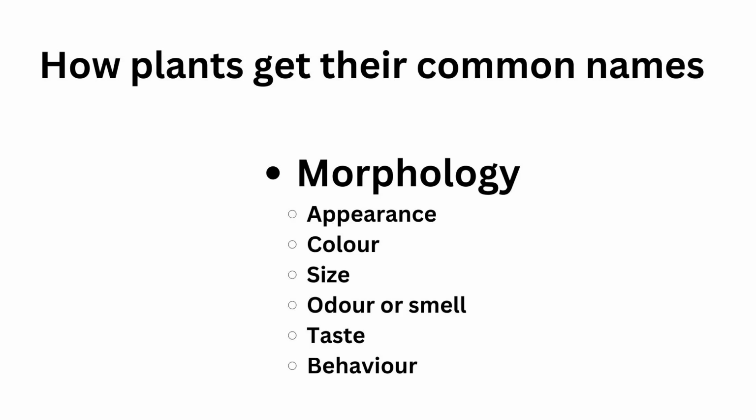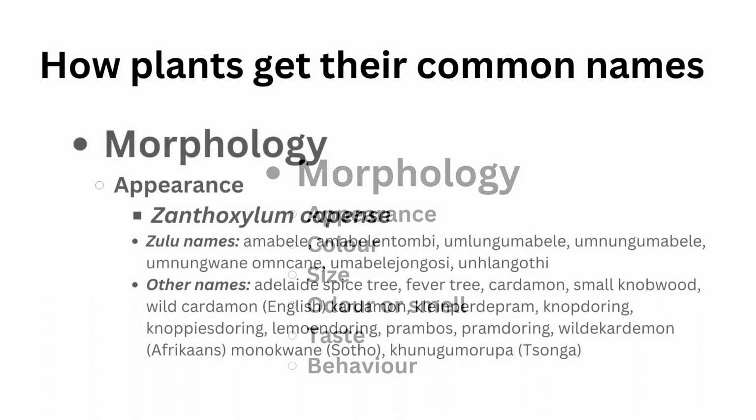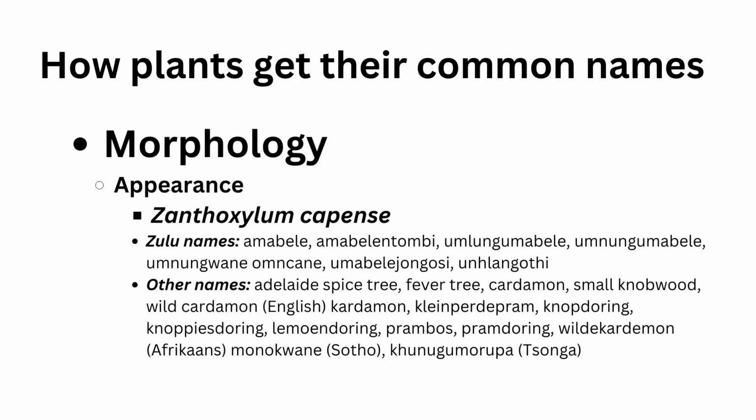So, an example of the appearance, there's a plant called Xanthoxylum capensis, and this tree gets its name based on its appearance. So in English, the plant is called knobwood, and in Zulu, the plant is called amabele.